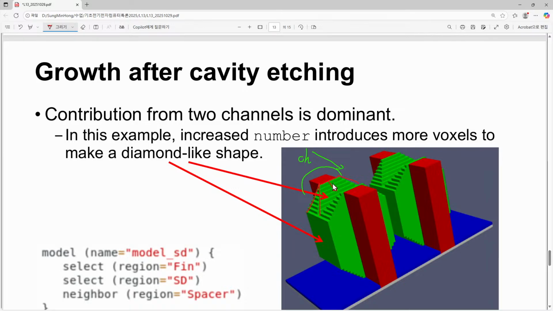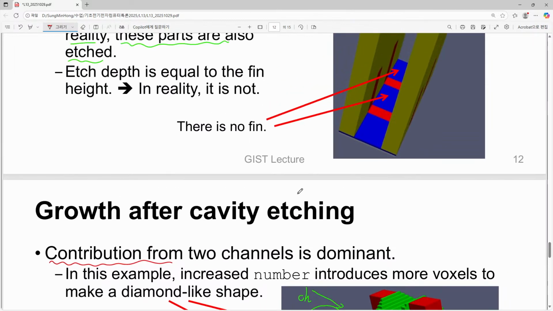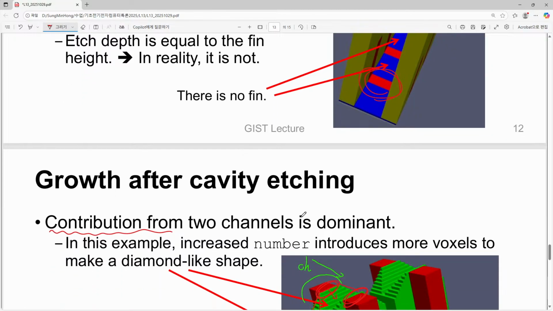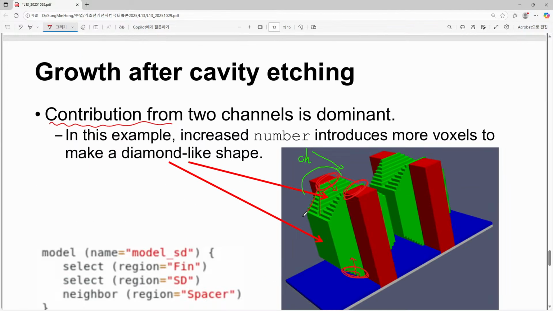It means that the contribution from this side and the other side is more dominant than the growth from the bottom. If the contribution from the bottom is dominant, then of course, since the bottom is uniformly distributed, as shown here, the profile will be uniform.